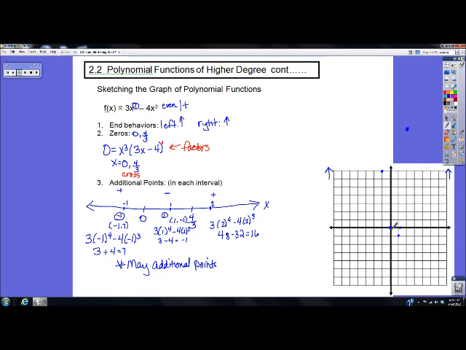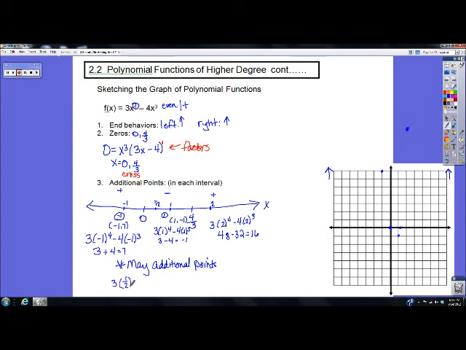So I would like for you to calculate something in between 0 and 1 to see what's going on in here. And a good number between 0 and 1 would be right in here at 1/2. So right in here between 0 and 1, I would like for you to calculate x being 1/2 and see what that is. Okay, so I would like for you to plug in 1/2.